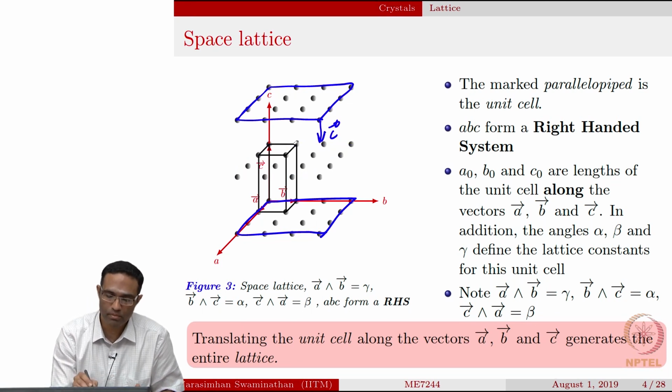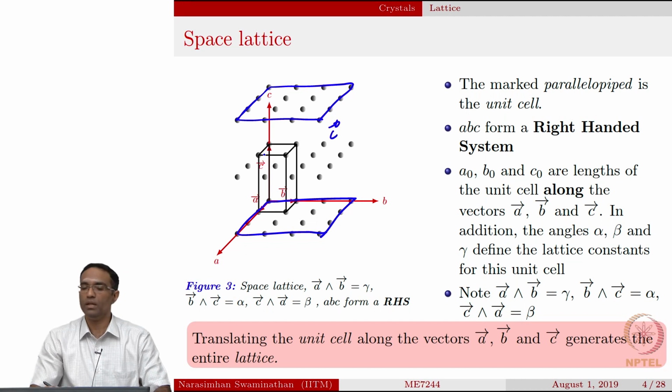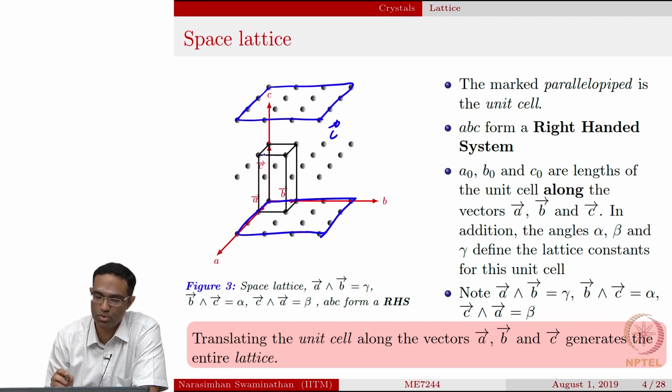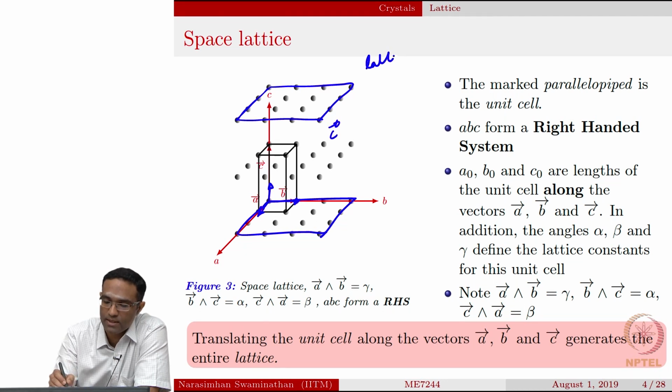This parallelepiped that is now naturally forming here could be a unit cell that is associated with this space lattice, and these vectors, A vector, B vector and C vector, about which the repetition is actually taking place, are called lattice vectors.